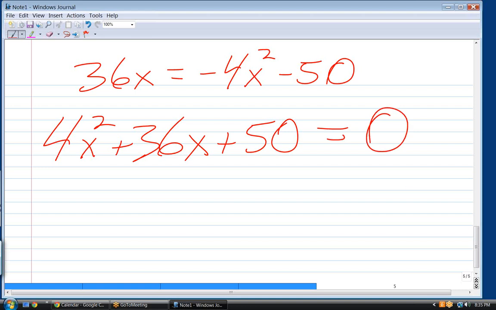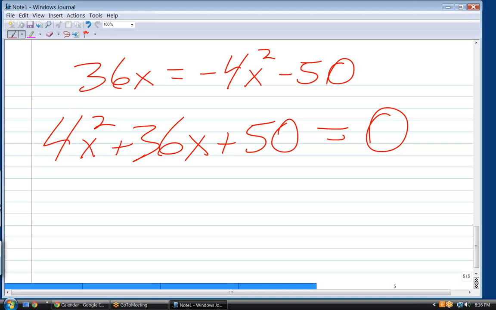Right. All right. Now, it's harder to factor when we got a coefficient in front of the x squared. It just is. It goes from a degree of difficulty of 2 to a degree of difficulty of like 6. So anything we can do to reduce this, we want to do. Well, I can certainly divide everything by 2.